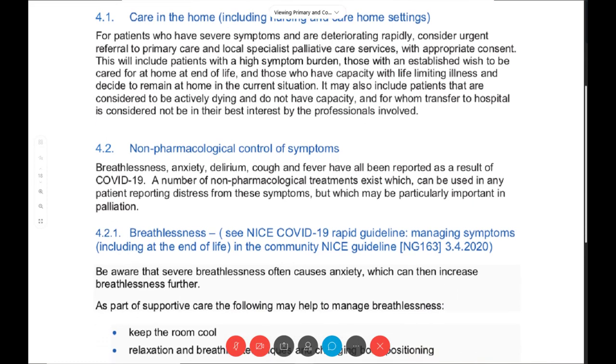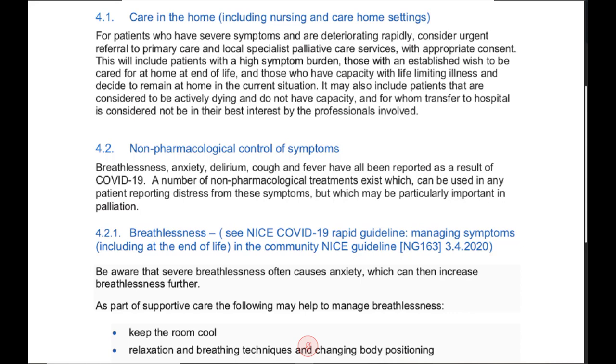Patients are not allowed relatives in until the last final moments. So they will be in a very foreign, very unfamiliar setting, and they may be left, unfortunately, alone for periods of time, and they may be dying alone in the hospital ward. So this is really perhaps not the best place.